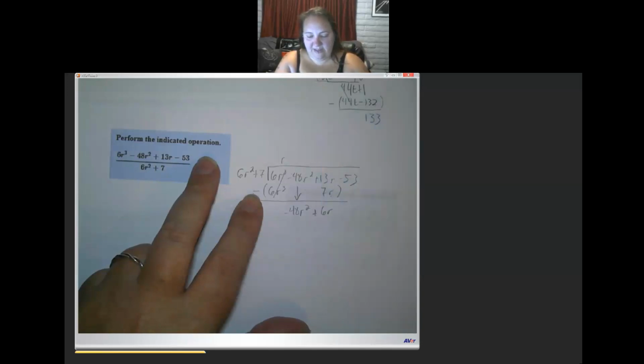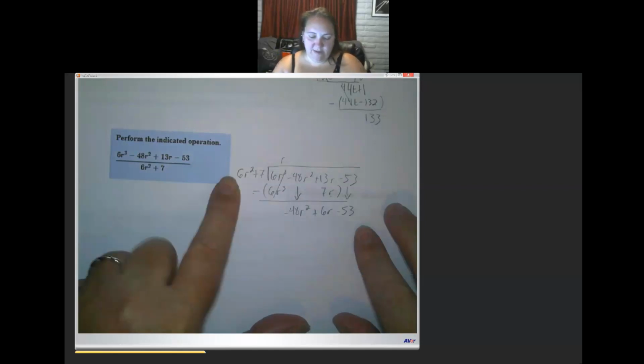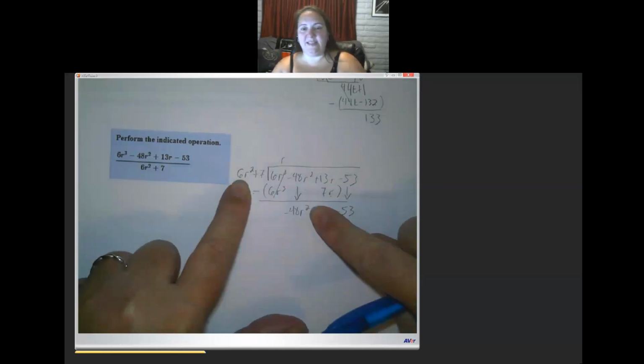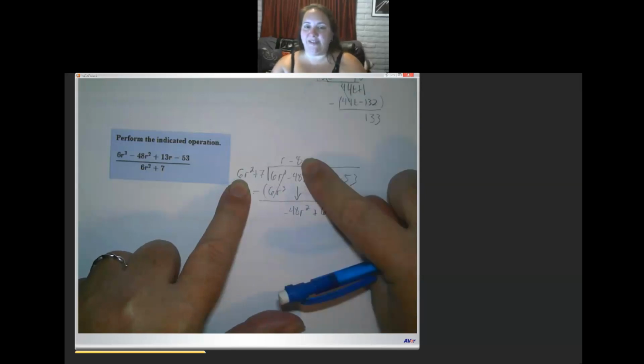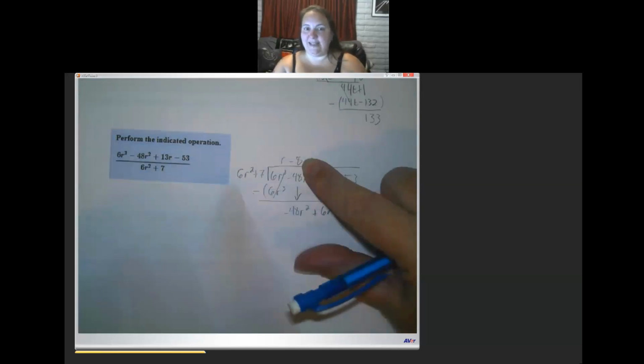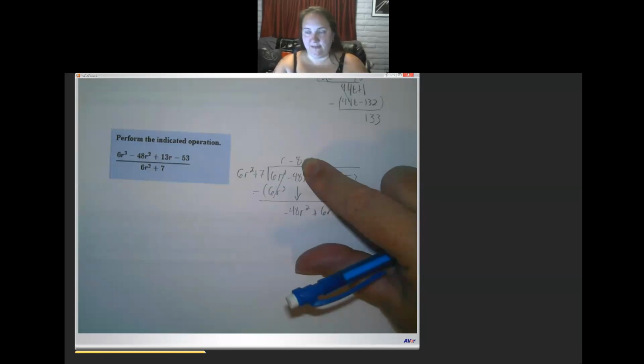And then let's bring down that 53. Okay, now what do I multiply a 6r squared by to get to a negative 48r squared? That would be just a negative 8. And again, since all I have up here right now is a constant, that means this is going to be my last step.